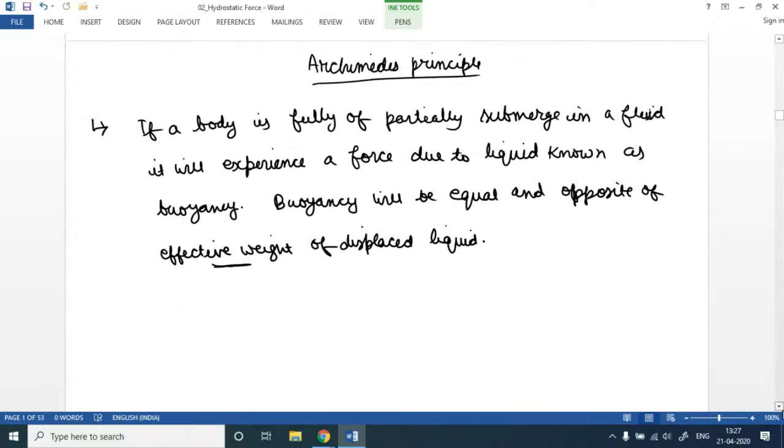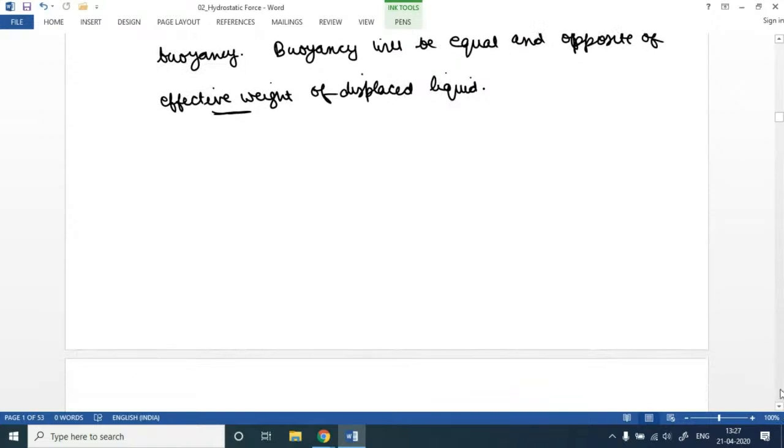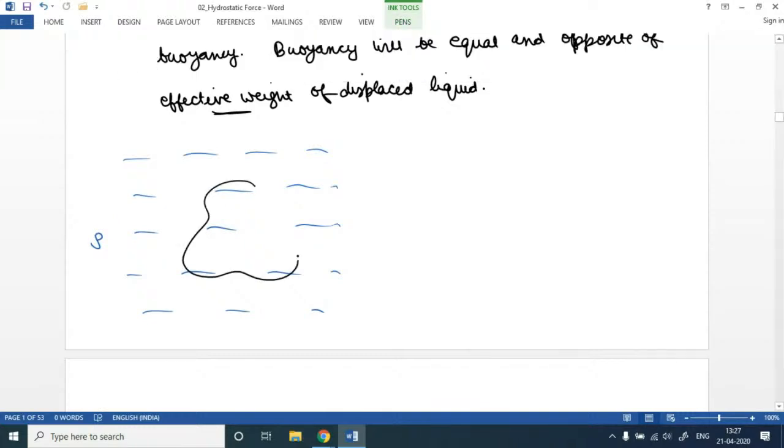So what I mean to say over here is this, let me first justify this situation. So say we have some liquid of density rho, okay, and say we have some submerged body.